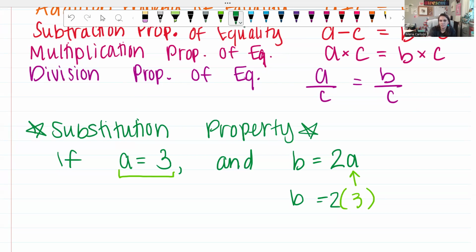So now I can just multiply, and 2 times 3 gives us 6. So if A is equal to 3 and B is equal to 2 times A, then B is equal to 2 times 3, or 6.